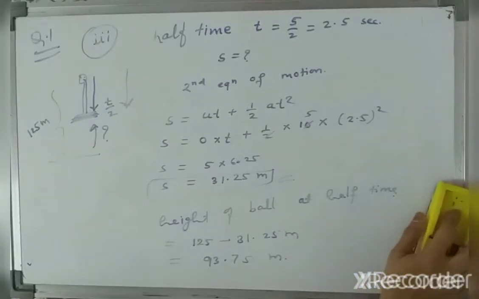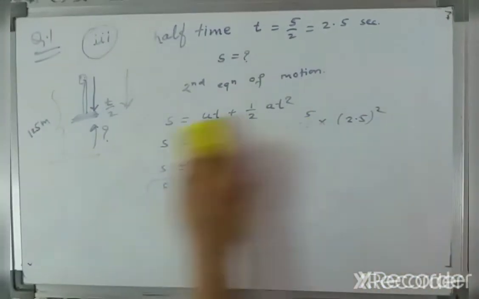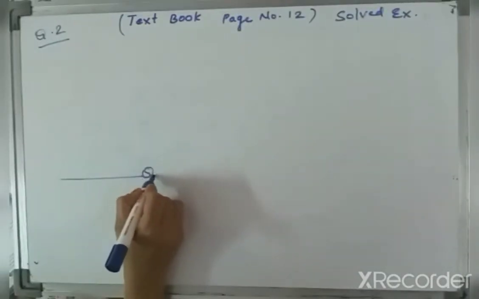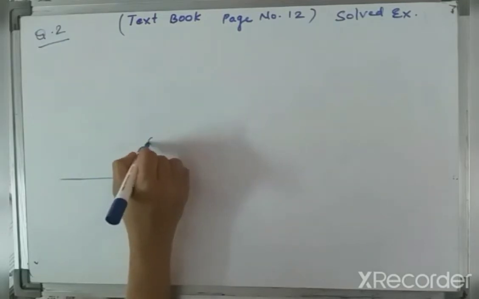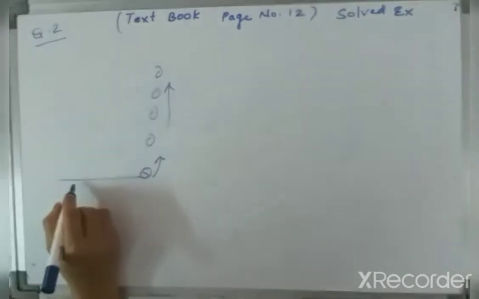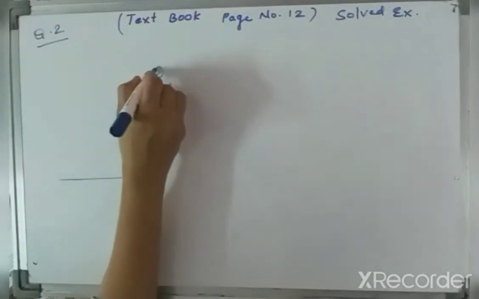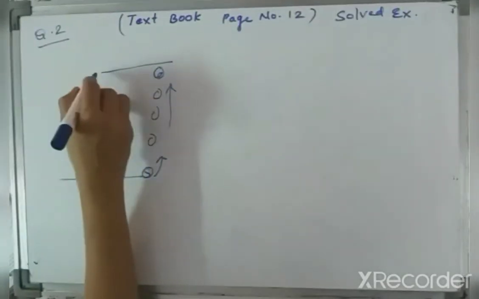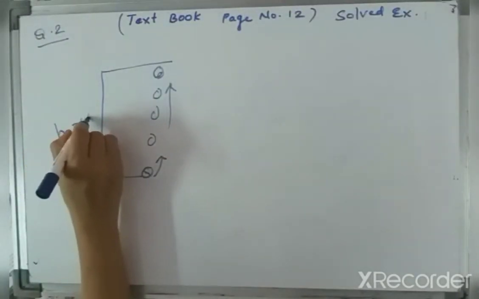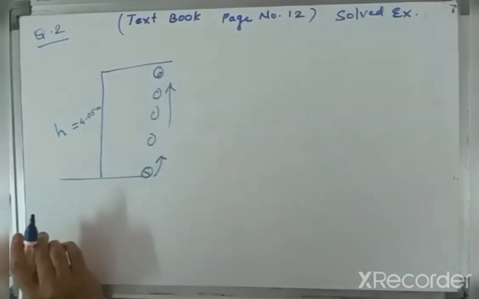Is the first question clear? Let's go to the question number 2. Suppose from this ground surface a tennis ball is thrown up. Right? It is thrown up and it reaches a particular height, and this height is 4.05 meters.